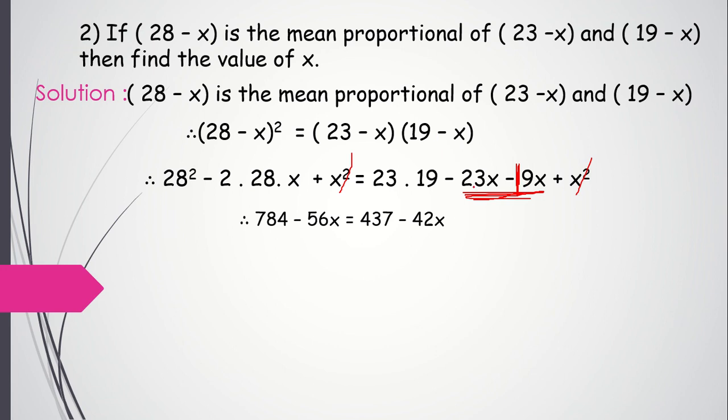So minus 23x minus 19x, so minus 23 minus 19, 23 plus 19 is 42. So that's minus 42x. So now we will bring the like terms together.